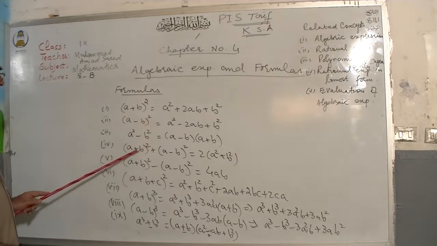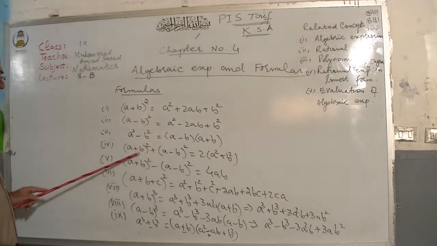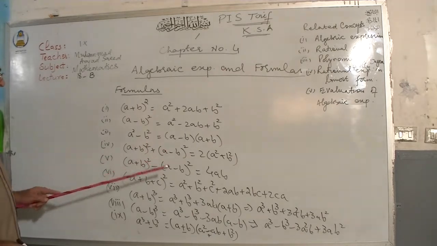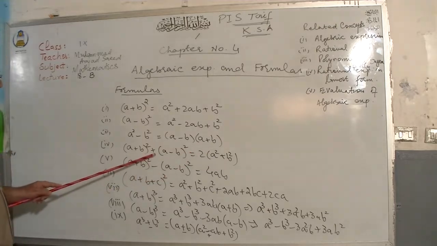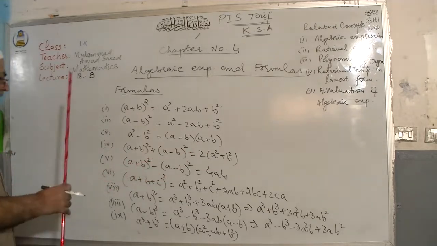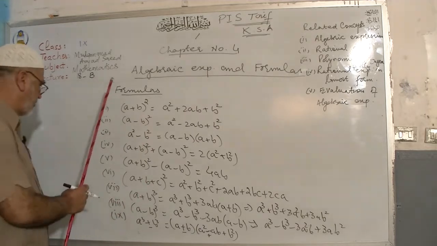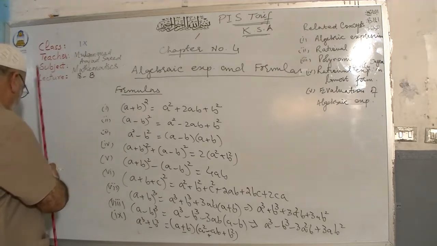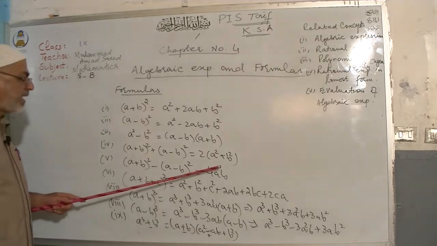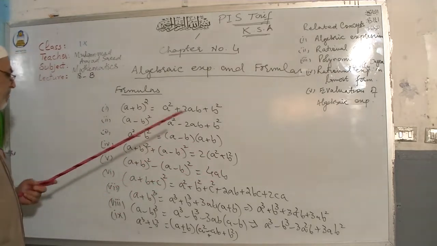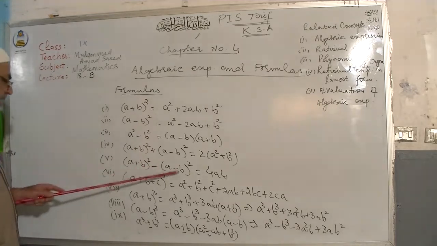If you have (a plus b) square and (a minus b) square, if you have the data a plus b and a minus b, and if you want to find a square plus b square, you have to add them. And similarly, if you want to find 4ab or ab, then you will apply this formula by putting the negative sign between these two brackets.